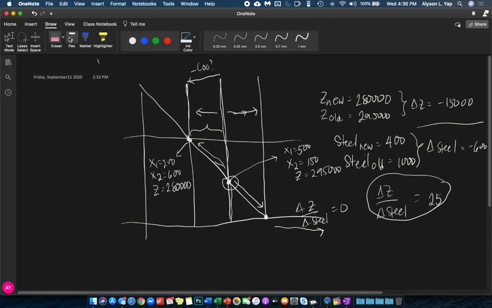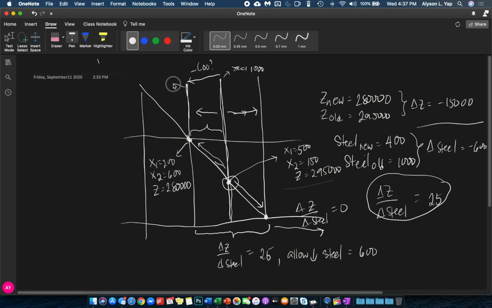In summary, we can say that from this range, from this vertical line on the left until this vertical line on the right, the change in Z over change in steel is equal to 25, and we can allow a reduction of steel by 600, because from a steel of 1,000, your steel here becomes 400.